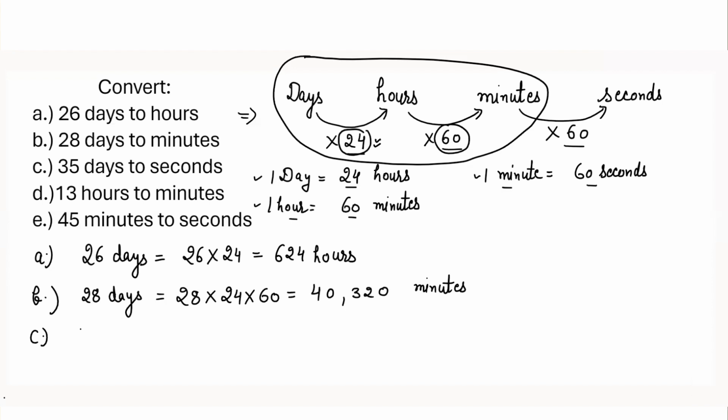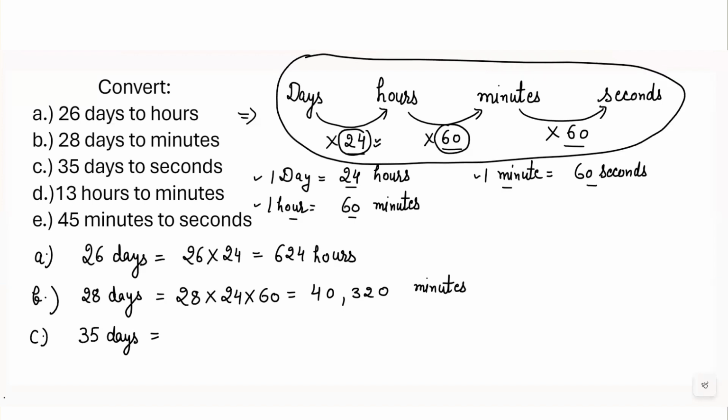Similarly, for part C, it says 35 days to seconds. So I will see from days to seconds, and I will make a circle for that and see what numbers are there. Those need to be multiplied with 35. In this circle, from days to seconds, I have 24, 60 and another 60.